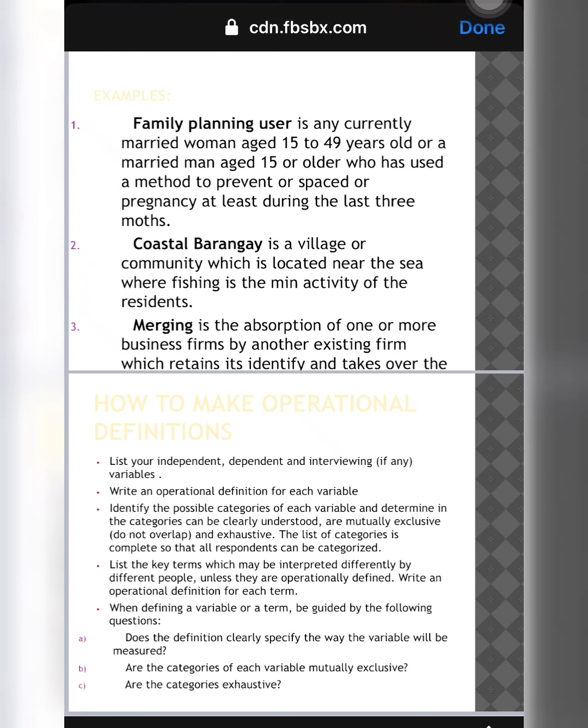Last, when defining a variable or a term, be guided by the following questions. First is, does the definition clearly specify the way the variable will be measured? Are the categories of each variable mutually exclusive? Are the categories exhaustive?